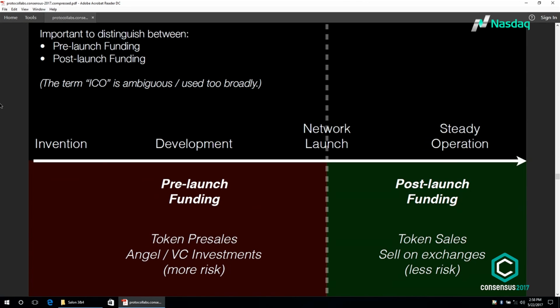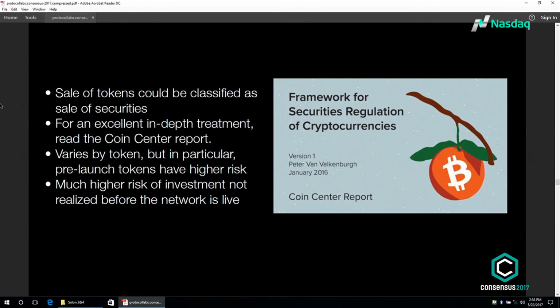And so when you think about startups, not about cryptocurrency investments and not about cryptocurrency fundraising, VCs and angels invest in something risky. And then that goes and does a launch and so on. And at some point, maybe it IPOs. And then at some point, other people can buy it. And there's a reason for that. The regulations are there in place for a reason. And I'll show you why in a moment.